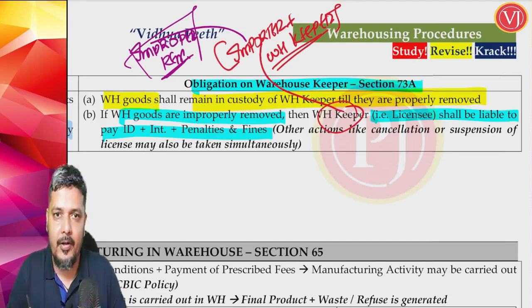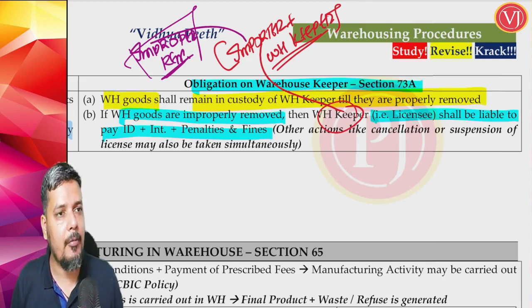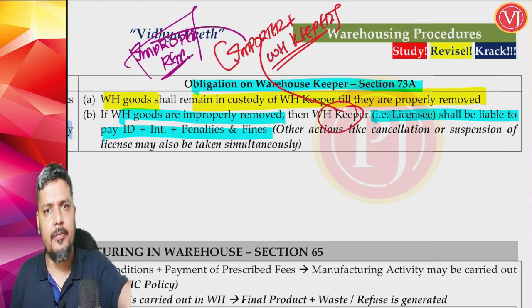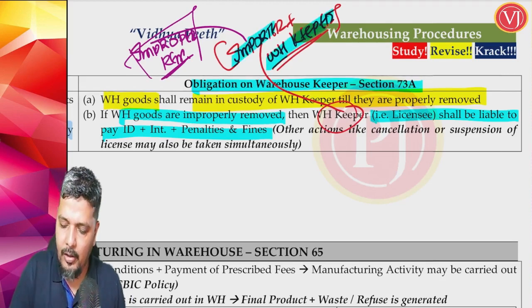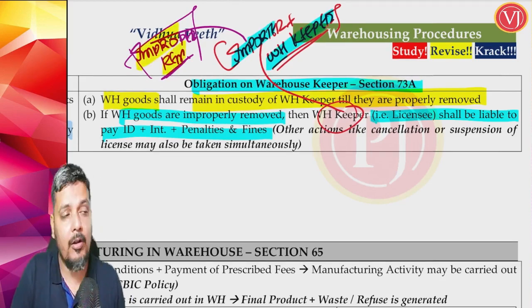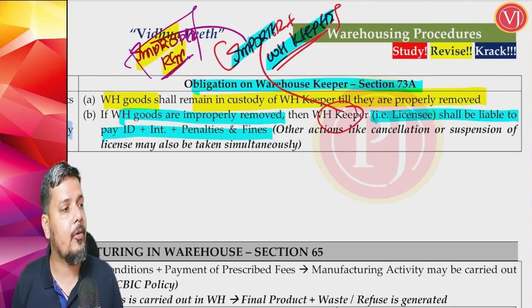If because of our trust, this importer is able to secretly, improperly remove the goods, we will take action against him. We are going to take action against that importer surely. But at the same time, we will also take action against you. You are equally liable. You are jointly and severally liable for import duty, interest, fine and penalties.